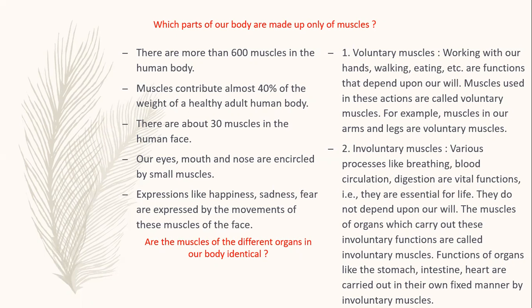That means your muscles are working by your own will. As I told you, the muscles of your arms and legs are voluntary muscles, and they perform functions that you tell them to. That is, you want to run, you want to eat, you want to hold something, etc.